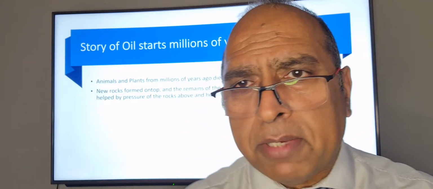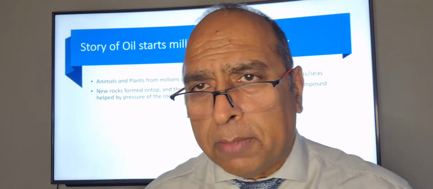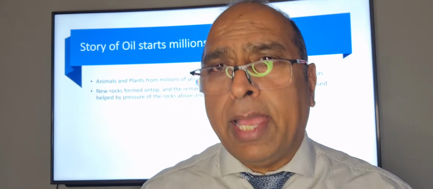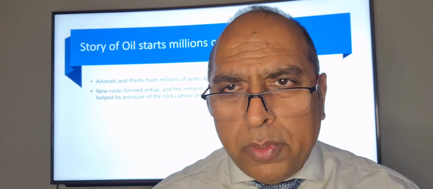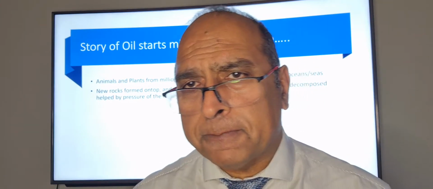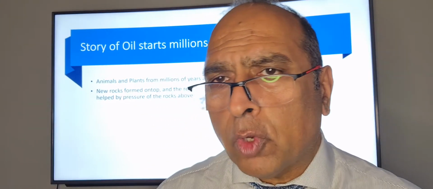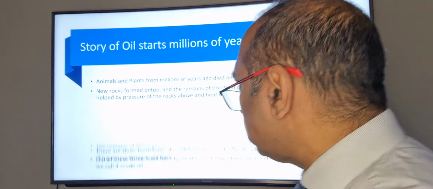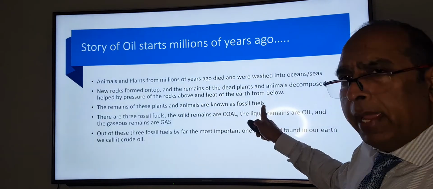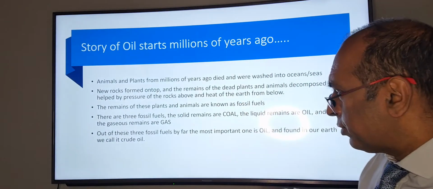The time, the big time lag, the geological time scale, being lots and lots of time between then and now, allows all this decomposition to occur. And now we're at a point where what we've got are the remains of plants and animals. And those remains we call fossil fuels.